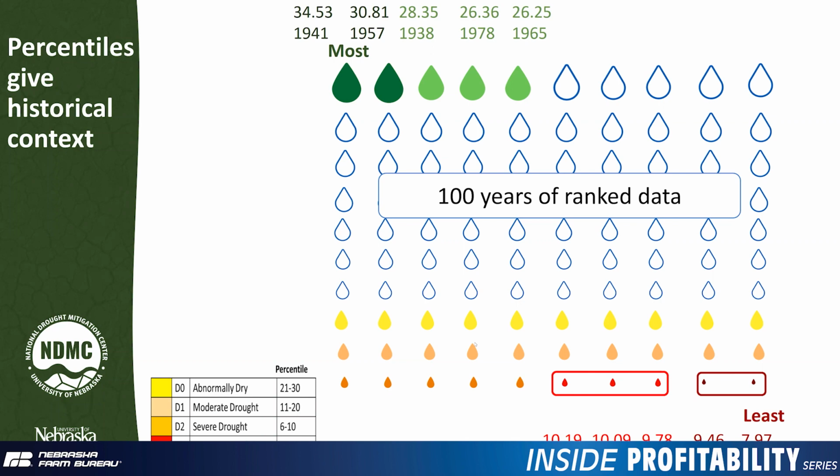So the point is here, we don't even think drought until we're down here. You can see the D2. And so now I've captured the 10 lowest incidents or driest incidents. These yellow dots represent the abnormally dry periods. So that isn't even a drought category. That's the 30th percentile. So in 100 years of data, only my driest 30 would even make the yellow class. And I don't even talk about drought until I get to D1, which is the 20th percentile.